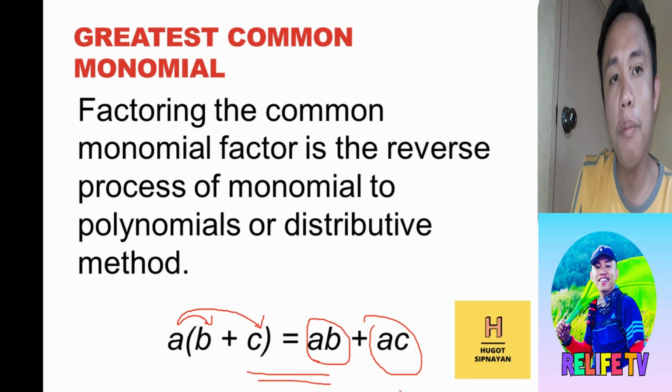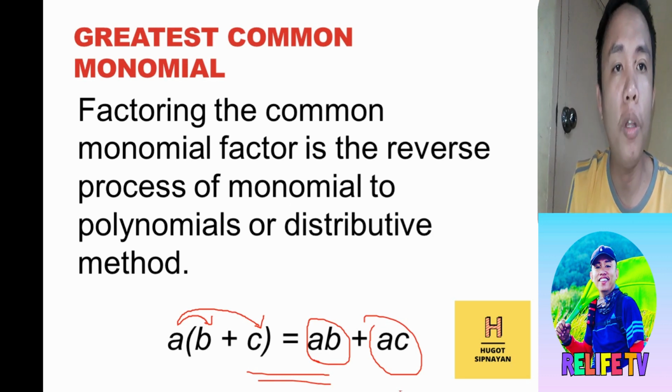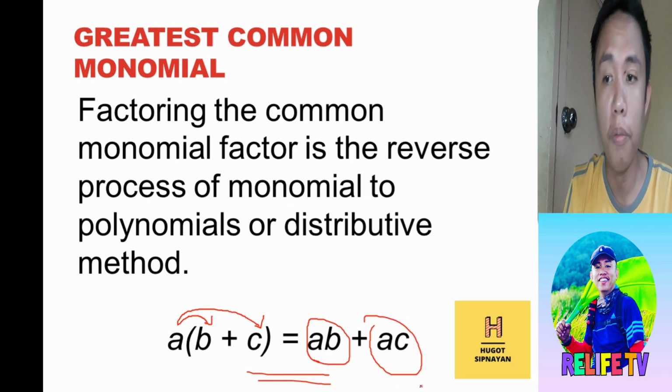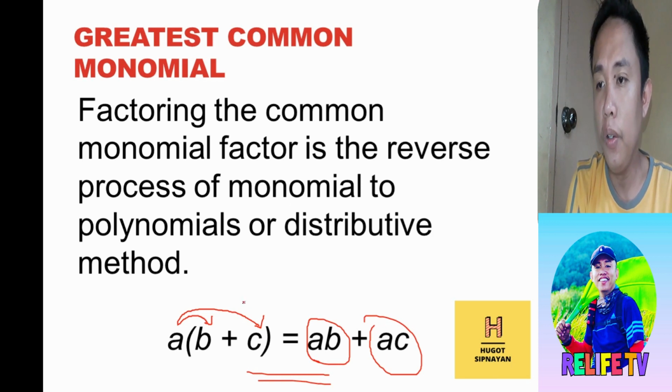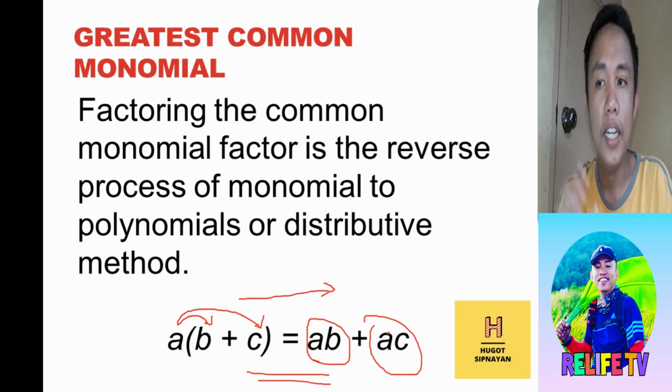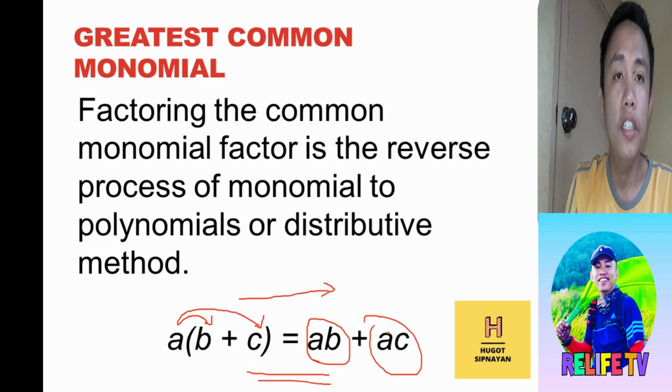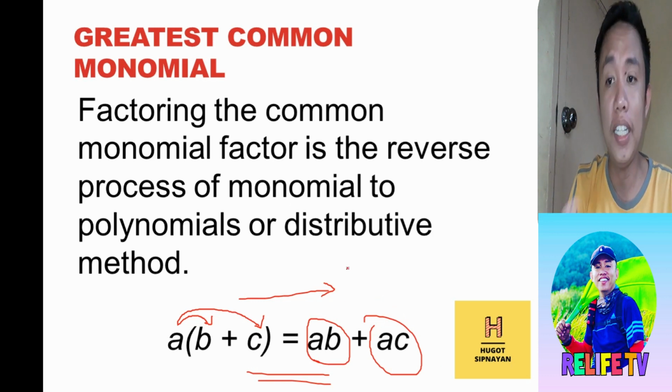Ngayon, sa atin namang greatest common monomial, factoring ng greatest common monomial, baliktad. Kung sa distributive method, mula dito, papunta dito, ang gagawin natin guys, sa greatest common monomial, pabaliktad.